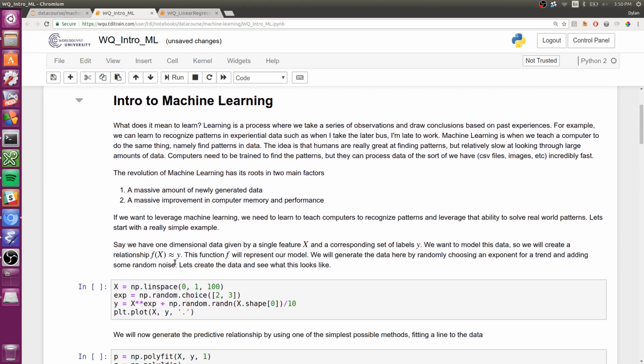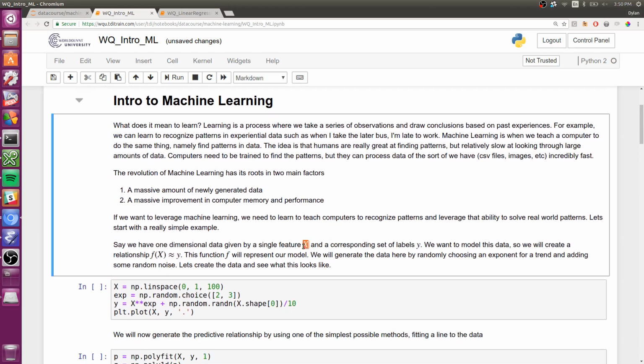We have some features, x. These are measurements that we expect to have always for any data point. And we have some labels, y. And we would like to be able to predict the label y given a set of features x. So we're looking for some mapping from the features x to the label y.